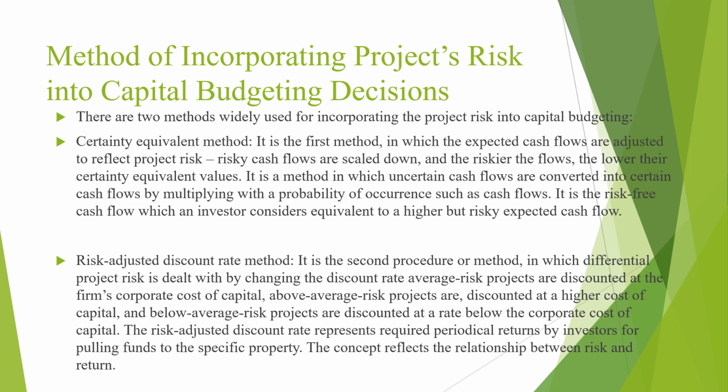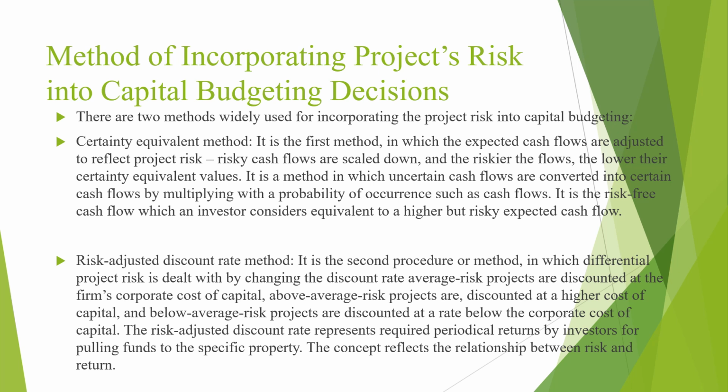Risky cash flows are scaled down, and the riskier the flow, the lower their certainty equivalent values. It is a method in which uncertain cash flows are converted into certain cash flows by multiplying with the probability of occurrence. It is the risk-free cash flow which an investor considers equivalent to a higher but risky expected cash flow.